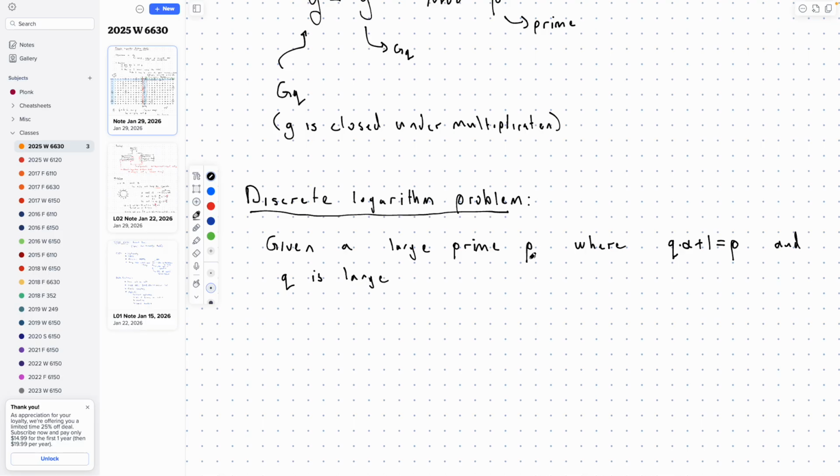Not as large as P, because it divides it, but Q is also large.